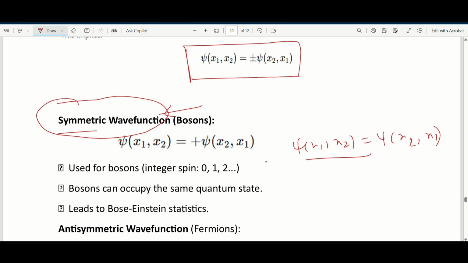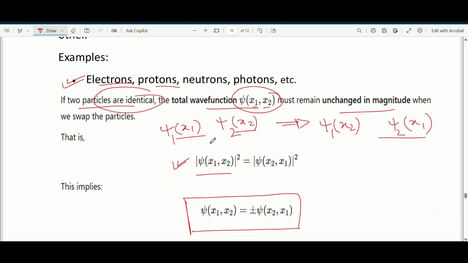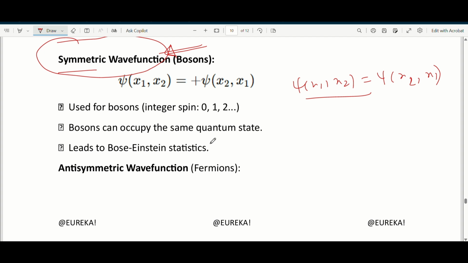Bosons, the indistinguishable particles called bosons, follow this type of wave function. It is used for bosons, which have integer spin. Bosons can occupy the same quantum state, which leads to Bose-Einstein statistics.